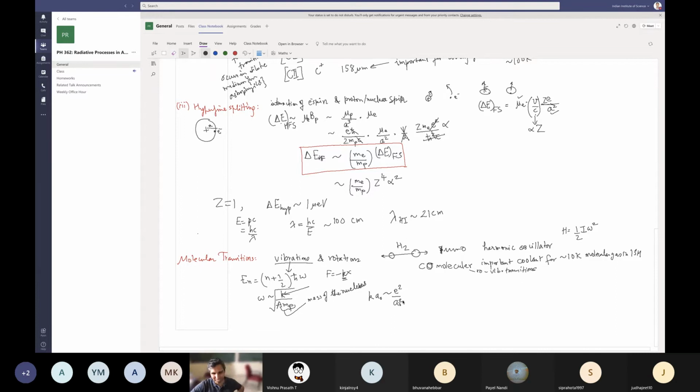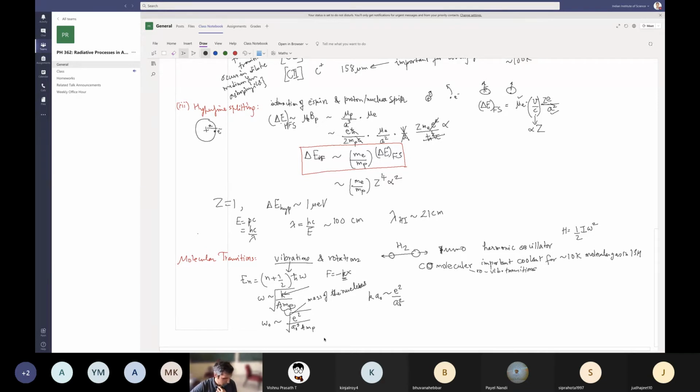I'm just equating the electrostatic attraction with the Hooke's law spring force. So this gives us k, and the omega naught associated with that is just e squared by a naught cubed times the mass.